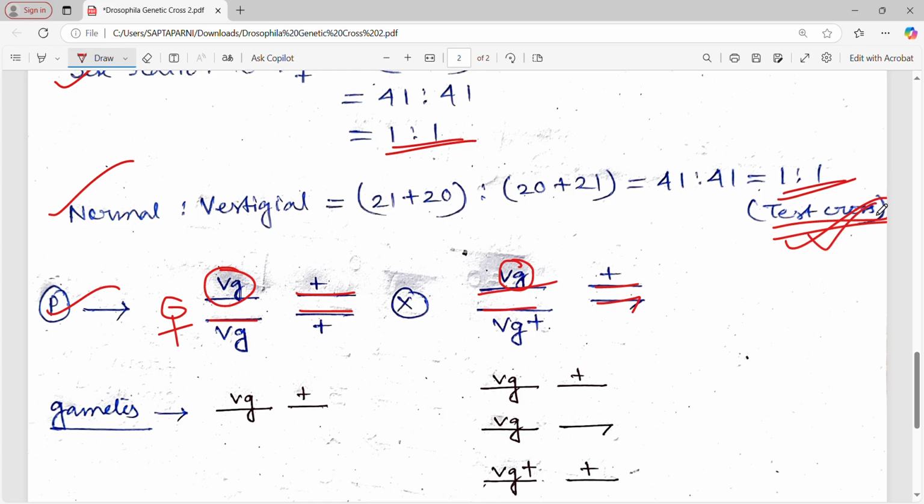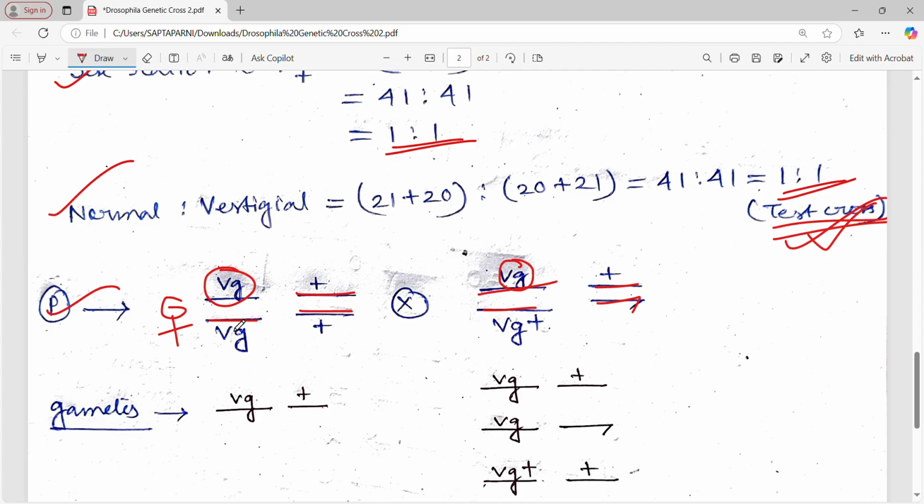So there should be one individual from father or mother who will have a homozygous recessive condition in their autosome. Because we know that in test cross we cross the homozygous recessive one with the F1 generation. So obviously there should be one individual with homozygous recessive genotype.